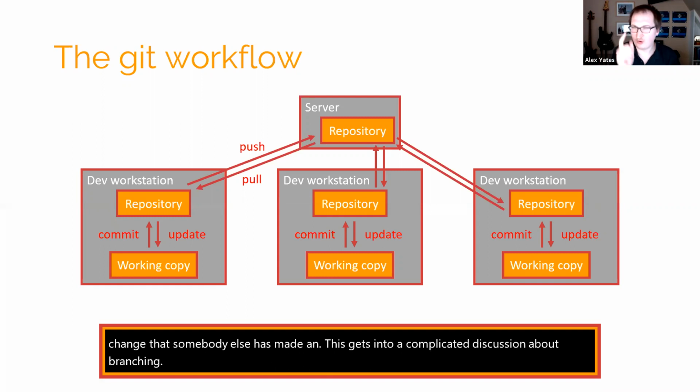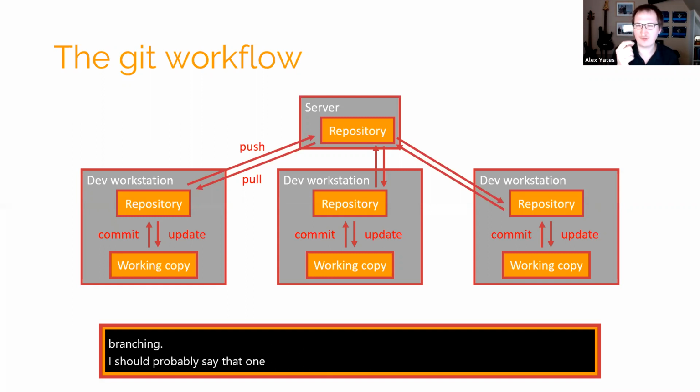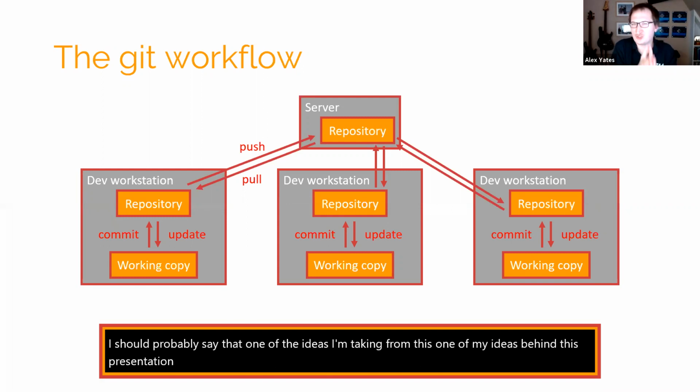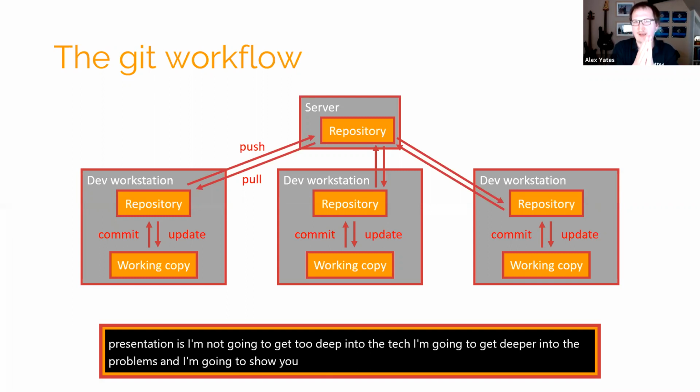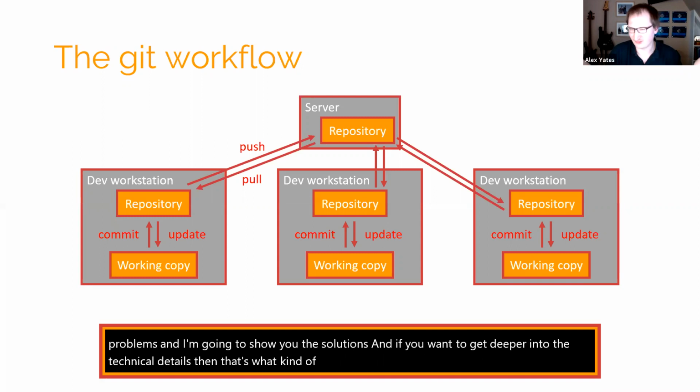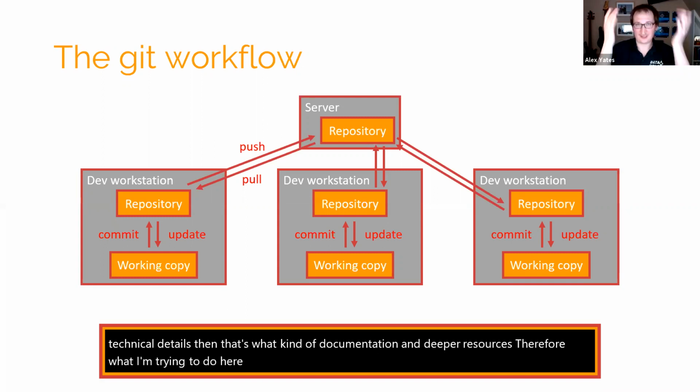I should probably say that one of the ideas behind this presentation is that I'm not going to get too deep into the tech. I'm going to get deeper into the problems and I'm going to show you the solutions. And if you want to get deeper into the technical details, that's what documentation and deeper resources are for. What I'm trying to do here is help you to understand there's a different way of working.